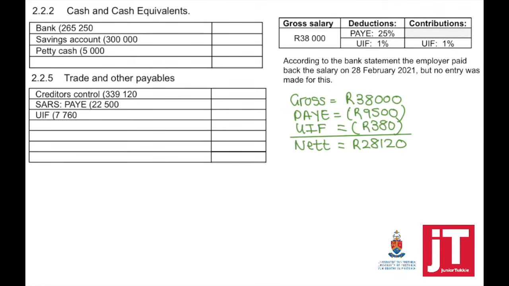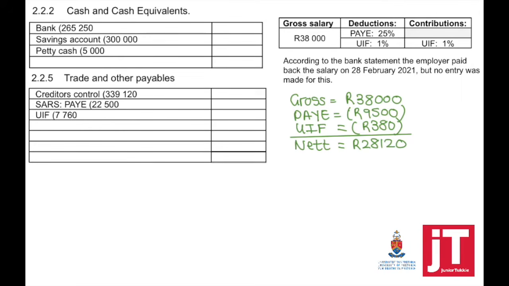The gross salary is equal to 38,000. Pay as you earn is 25% of the gross salary, which equals 9,500, and the UIF is 1% on 38,000, which equals 380. So my net salary is equal to 28,120. So where do I take this?